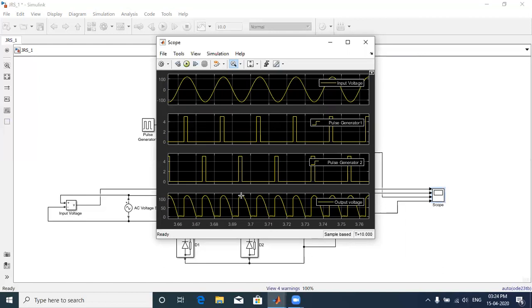So you can see the output waveforms of semi-converter with R load. So this is how we can implement, and you can configure different values. You can change the alpha, you can keep alpha equal to 30, 60. You can change those values, calculate the phase delay, apply them, and see the changes in the waveform.